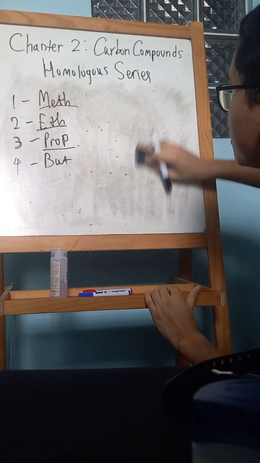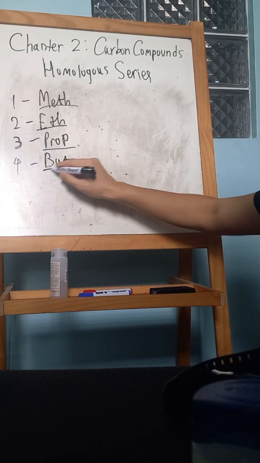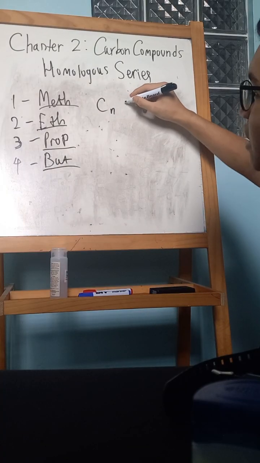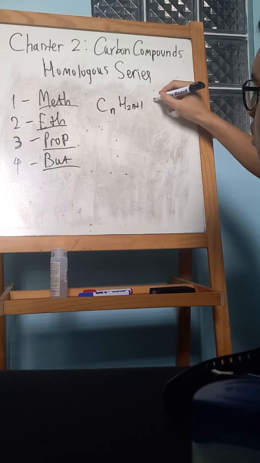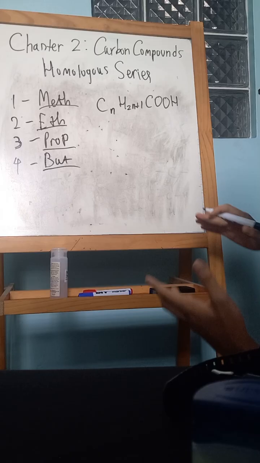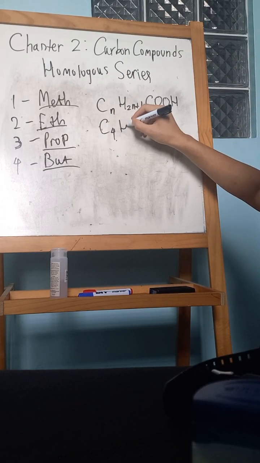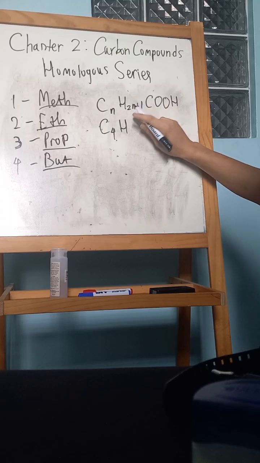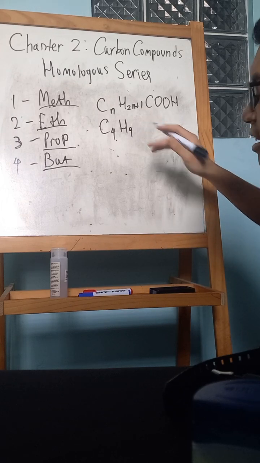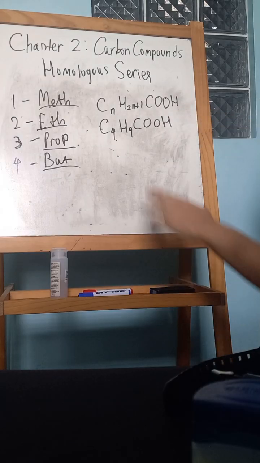Next, carboxylic acids. This one's pretty easy. Now let's say 4 carbon atoms. From the general formula, we can already guess what the chemical formula is supposed to look like: 2 times 4 plus 1, so 9, then COOH. 4 carbon atoms.